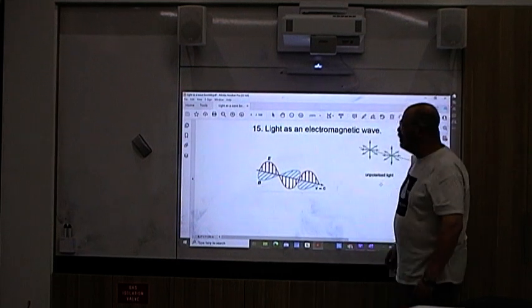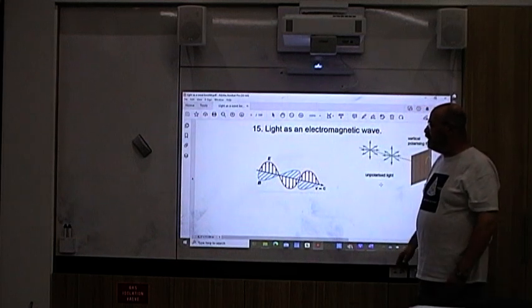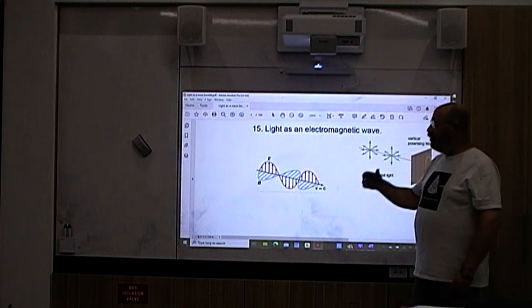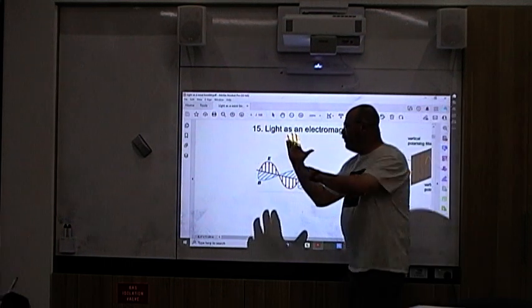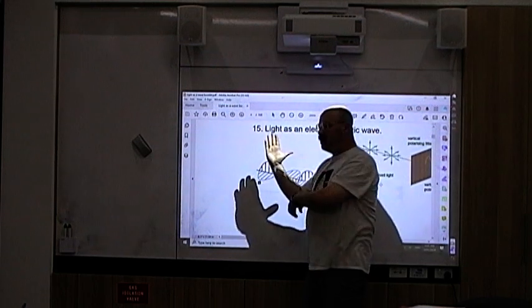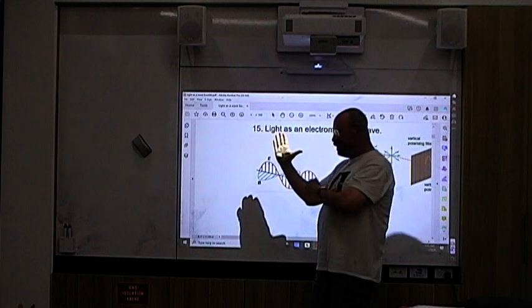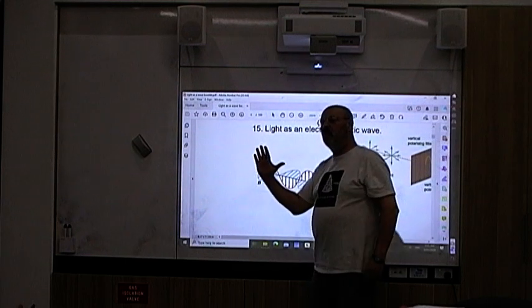So that's how we can find the direction of the electric field. With the magnetic field, if you know the direction of the electric field, you place your fingers in the direction of the electric field, the thumb is the direction of the light, not opposite, and the magnetic field comes out of your palm.